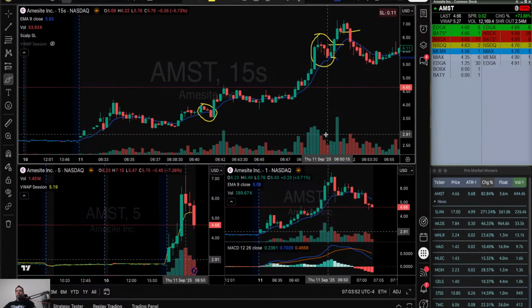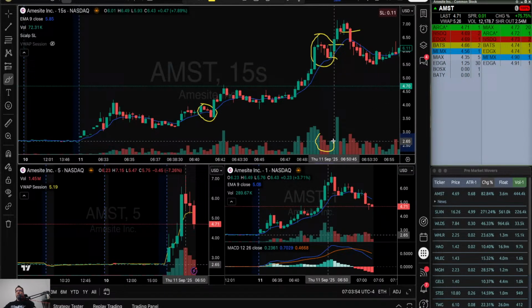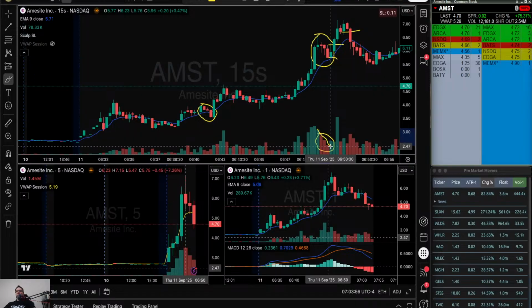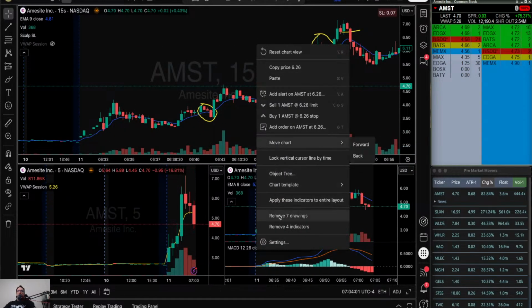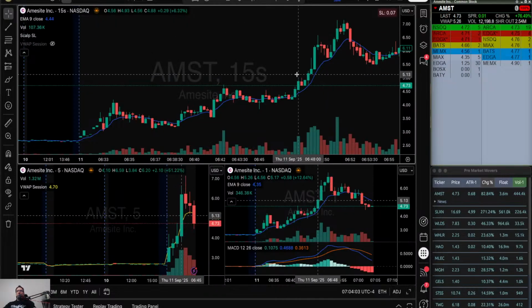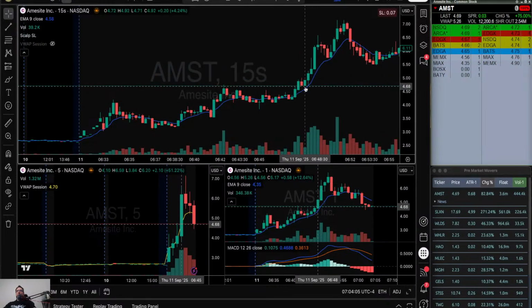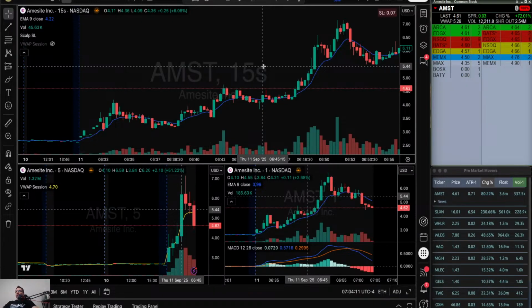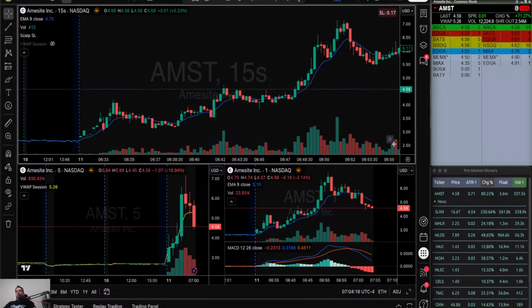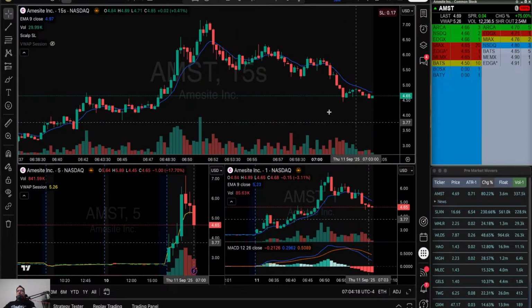It was a little bit tight, but the volume down here was drying up. It was actually going down. That's what I like to see. So I didn't take that trade because it was already made in this run right here. So I just walk away. But we got 704. Let's see what else comes out.